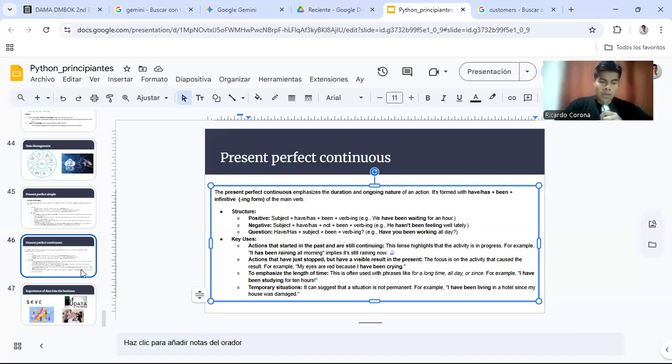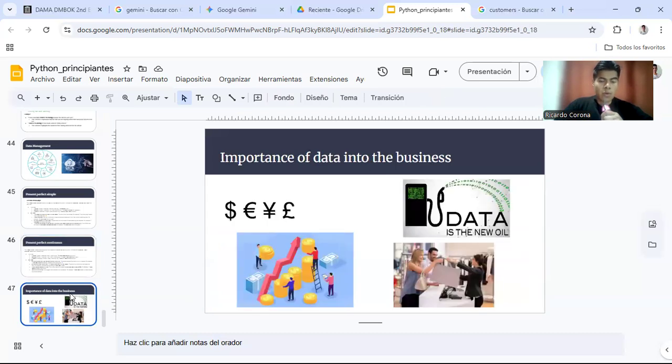So we are going to start the session about the importance of data in business.